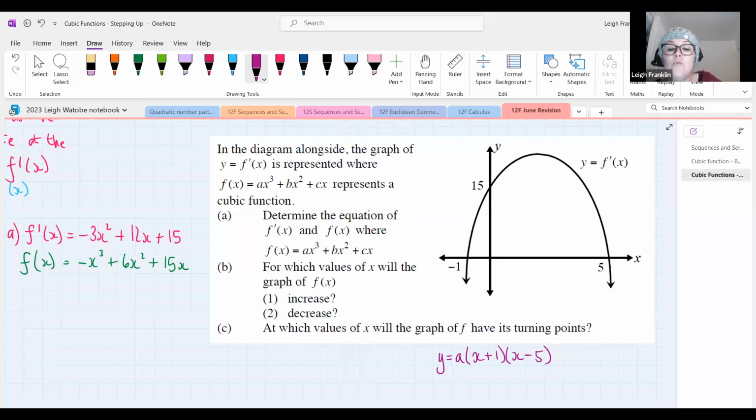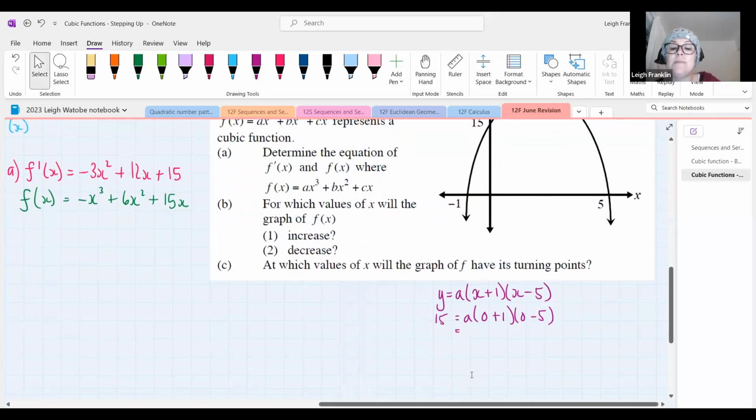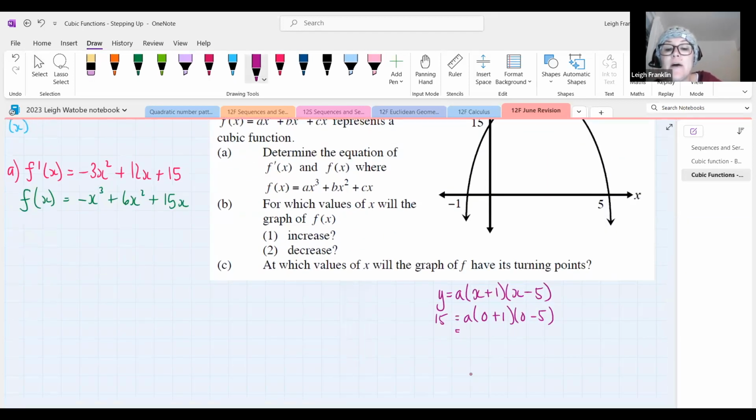Then you've got to sub in your y-intercept, so that's 15 when x is 0. All right, so 1 times negative 5 times a is negative 5a. And that would be equal to 15. That's why a is equal to negative 3. So that's this negative 3 over here.